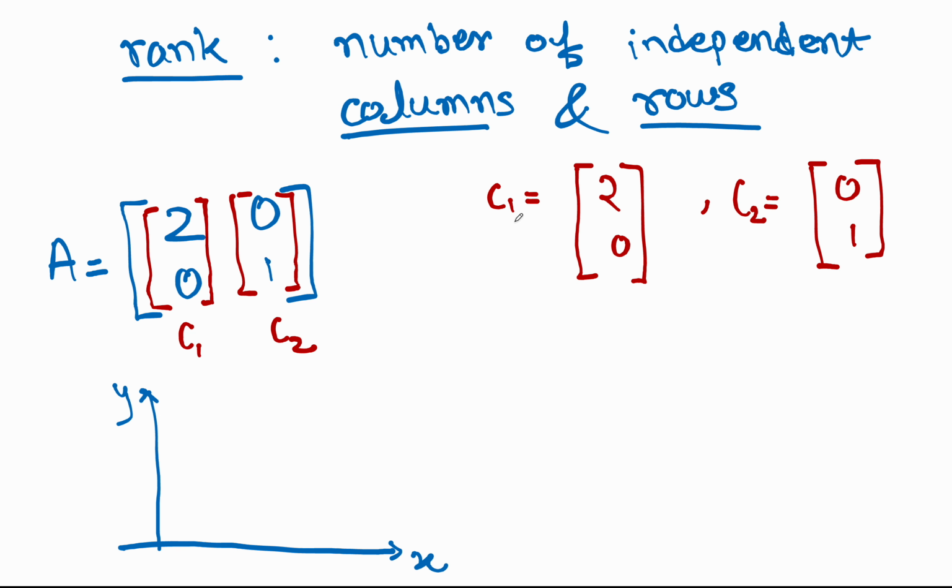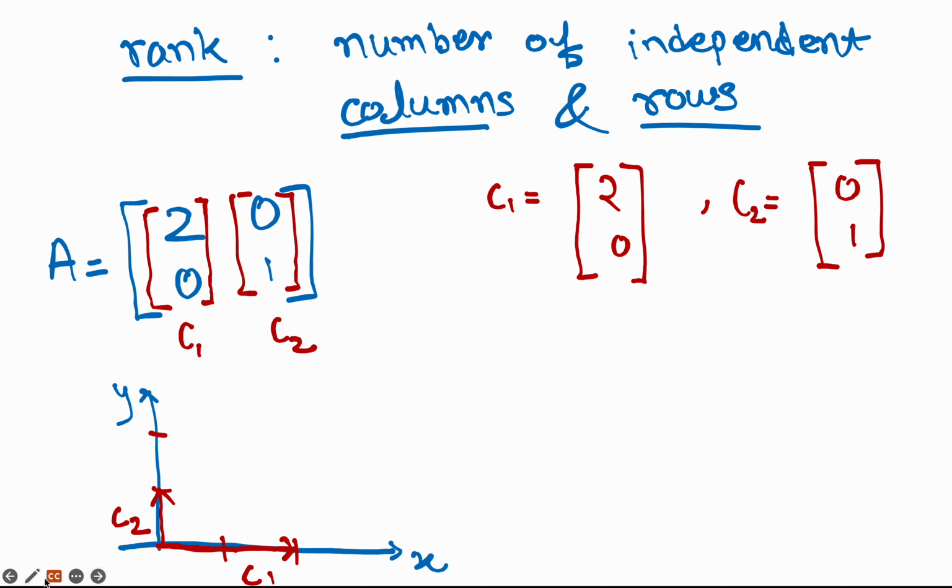So C1 is 2 0, so let's say this is the C1 vector, and the next vector is C2, which is this one.